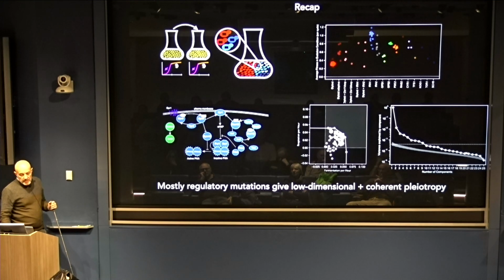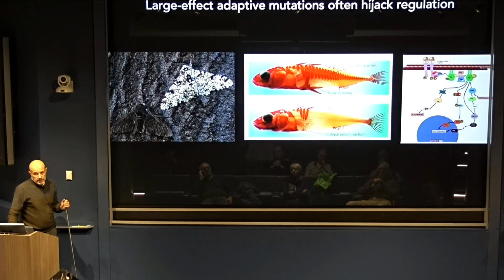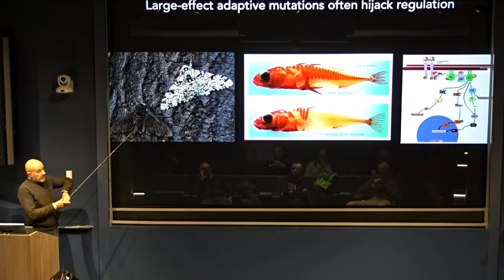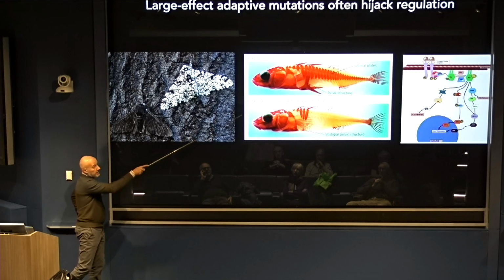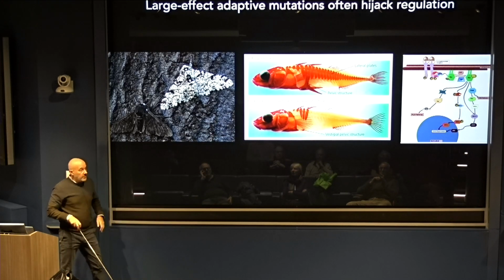The thinking then is that maybe in general, these hopeful monsters, these large effect, large jumps, the reason they're possible is that they hijack regulation. In this case, it's a regulatory gene. In both of these, the pelvic spine and lateral structure, these are genes involved in regulation.